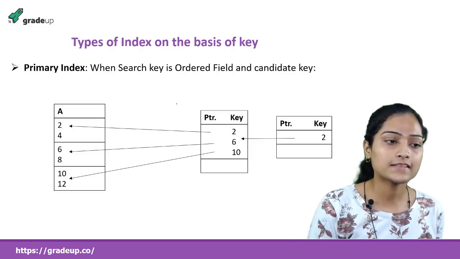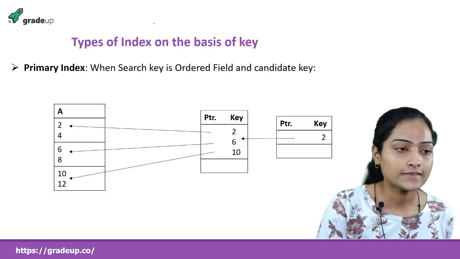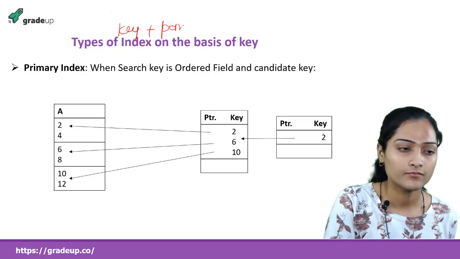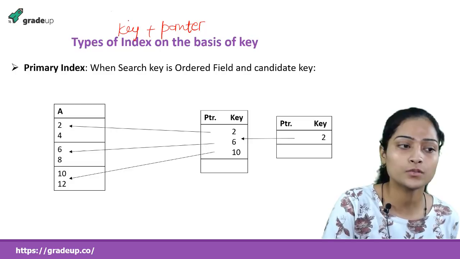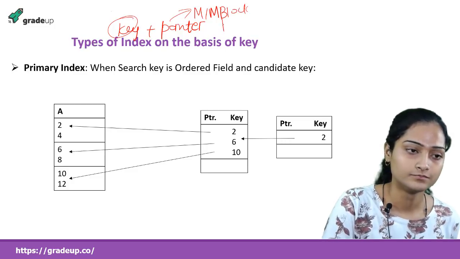Now, let us discuss types of index on the basis of keys. You know, in index relation, we are going to store key plus pointer. These indexes can also be divided into subparts on the basis of this key, and these pointers are memory block pointers.